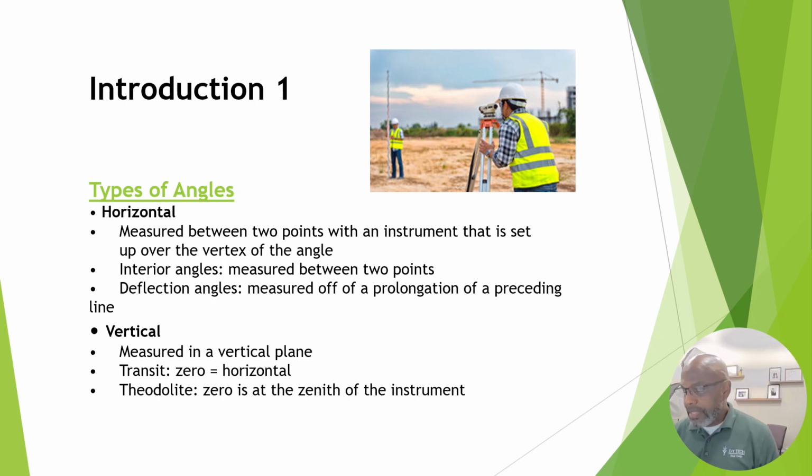With theodolites and total stations, 0 is typically located at the zenith of the instrument, and all angles are positive values. I will have a YouTube video embedded into this so you'll be able to view what these angles look like for both horizontal and vertical.